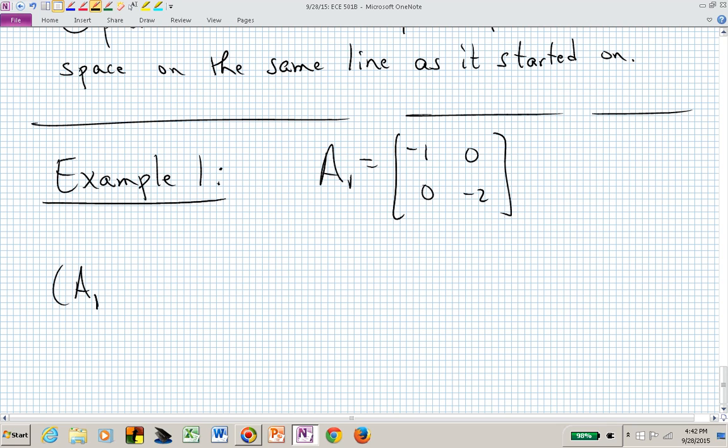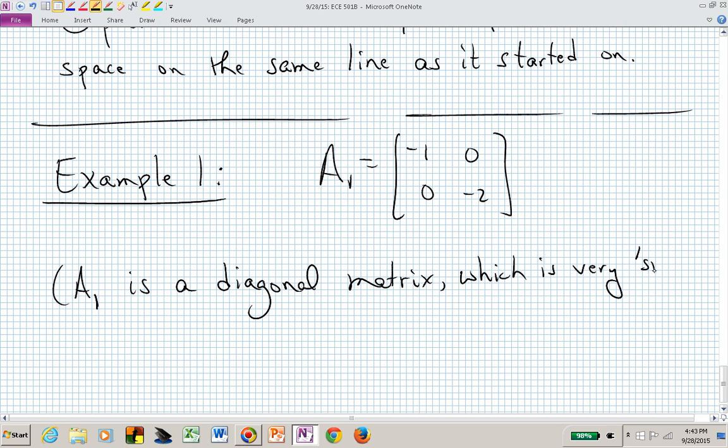You should start whistling and feeling really good, because what are your eigenvalues? This is a diagonal matrix. Your eigenvalues are on the diagonal. They're -1 and -2. A1 is a diagonal matrix, which is very special.